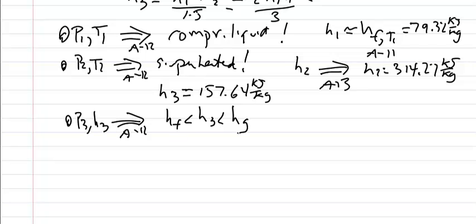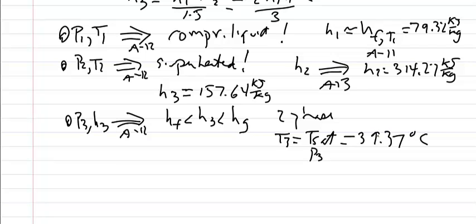As such, it is a two-phase mixture. So that makes it easy to find the temperature. T3 is just the saturation temperature at the given pressure P3. And we look that up, and that's 39.37 degrees Celsius. So that part of the problem is known.